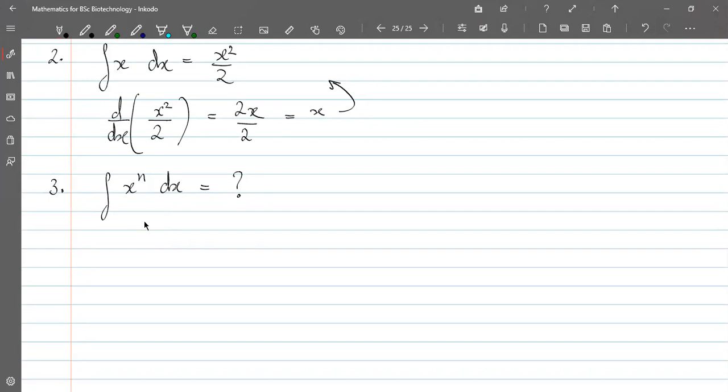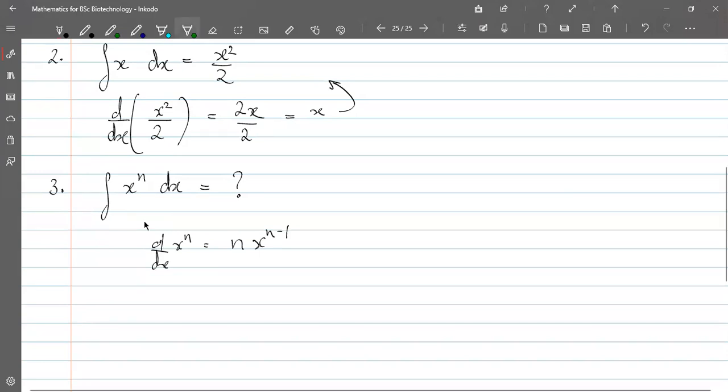So again, I start out with the question, what is it that when differentiated results in x power n or something very close? So I can recall that d/dx of x to the n is nx to the n minus 1. That's not quite helpful because of this being n minus 1 and not n.